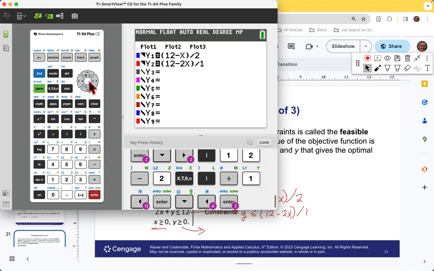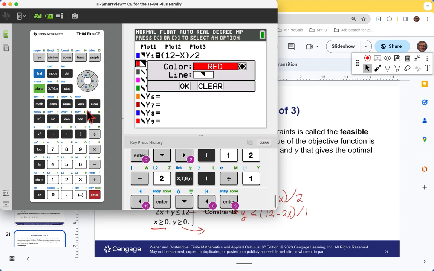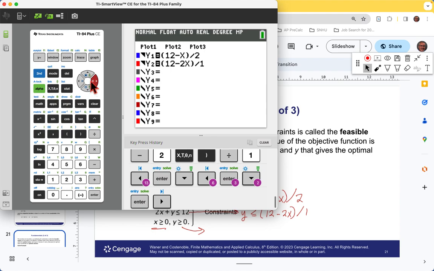The final one, let's get out of there. I got to arrow over, is y equals 0, but we've got y greater than 0, so I want above the line, so I'm going to shade below this line, right?